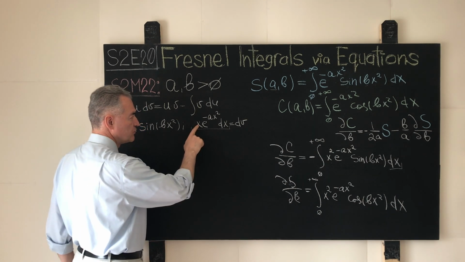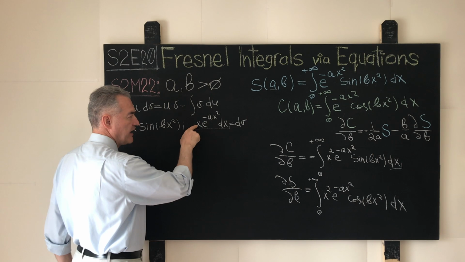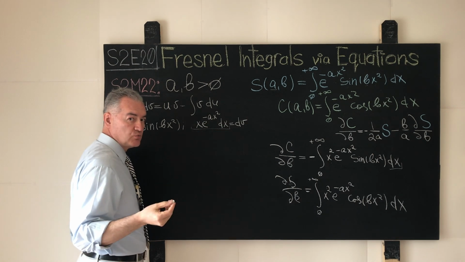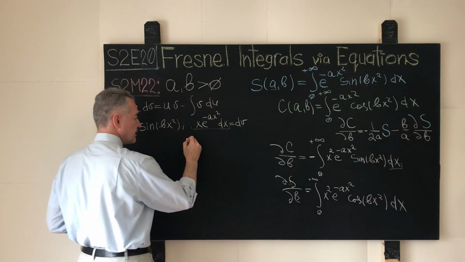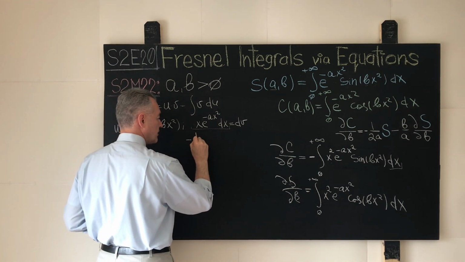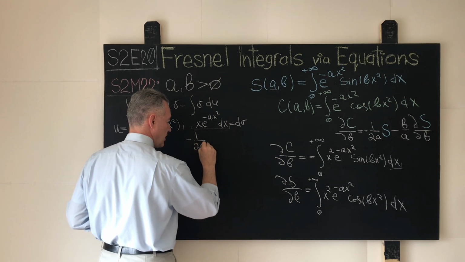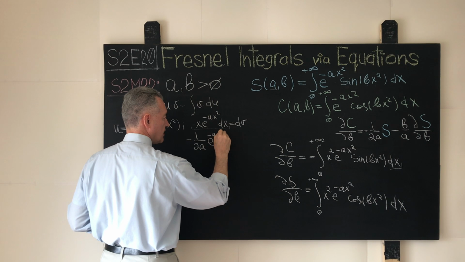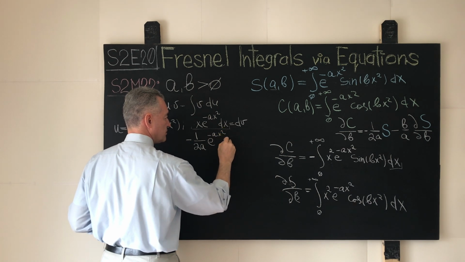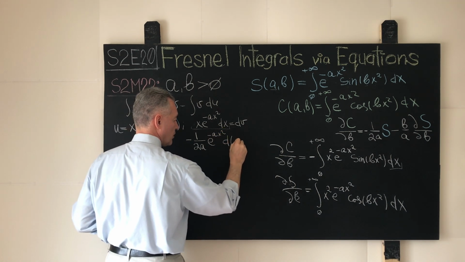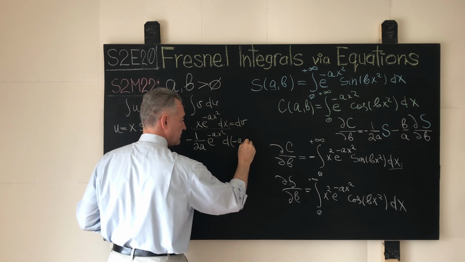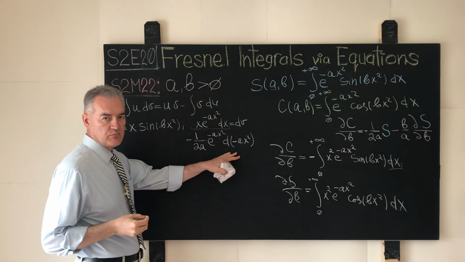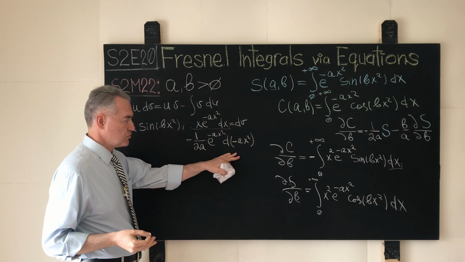Here we simply move negative a and x under the first differential. And if we do that, what do we need to do? We need to compensate with negative 1 over 2a, e to the power minus ax squared d of what? Negative ax squared. This is the manipulation that should be quite straightforward and everyone should understand it.